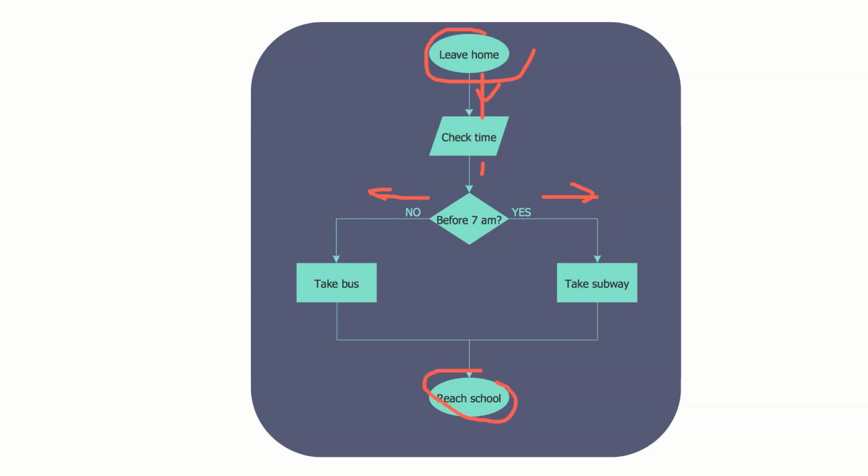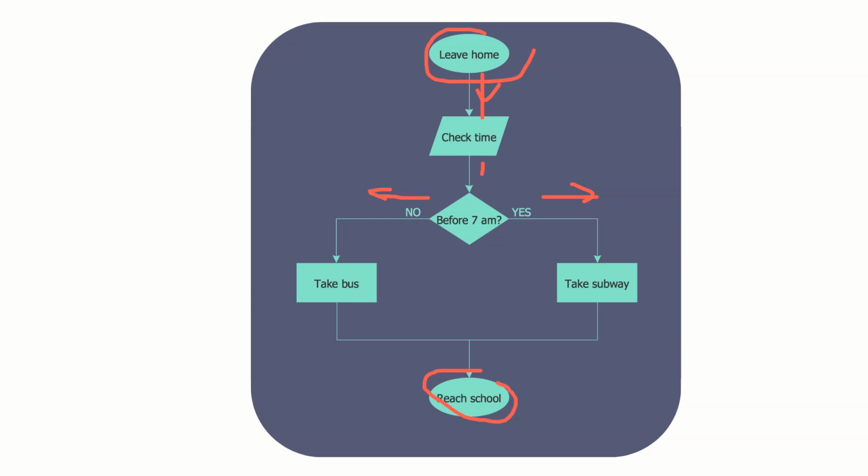Now one of the things about flowcharts is that all flowcharts need to have a start and need to have an end, because we are representing an algorithm diagrammatically. And one thing about algorithms is that they are finite. Any algorithm you are working with is supposed to be finite.